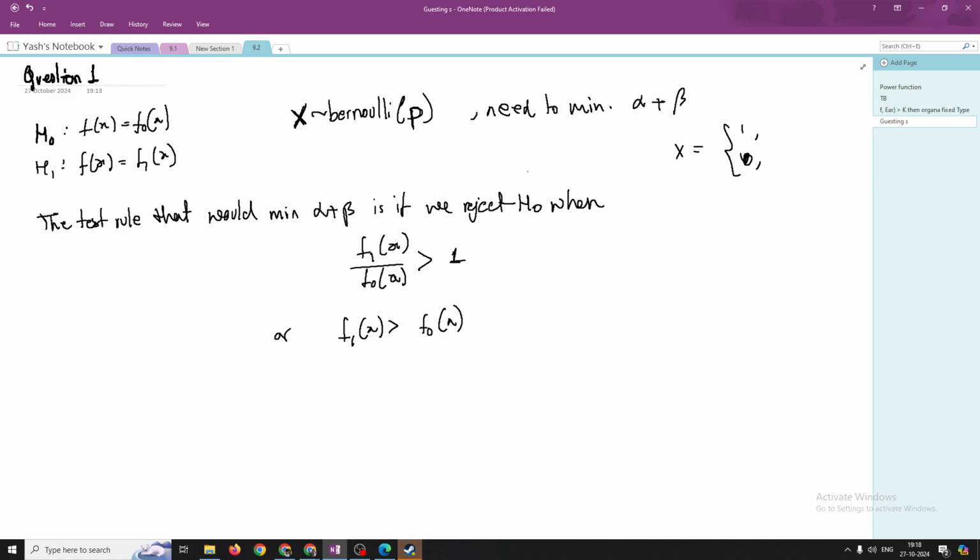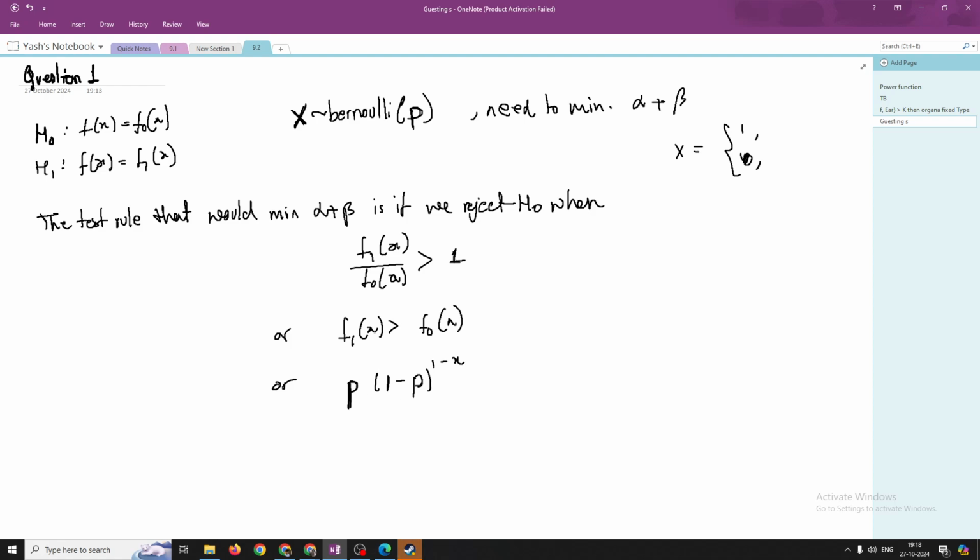It can take 1 with probability p, or it can take 0 with probability 1 minus p. So this is the PF of the Bernoulli distribution.